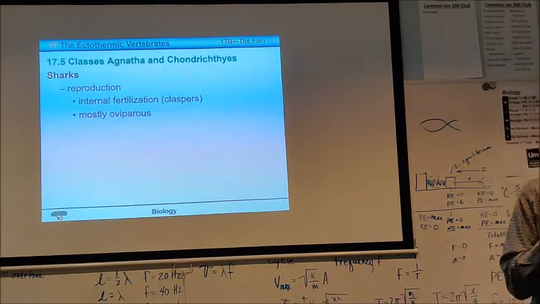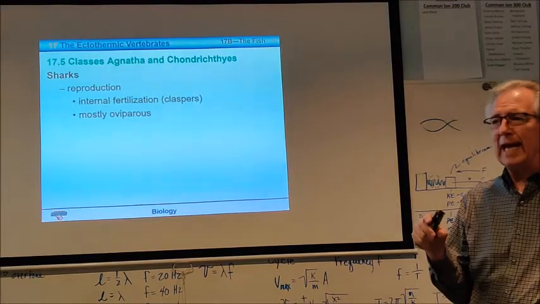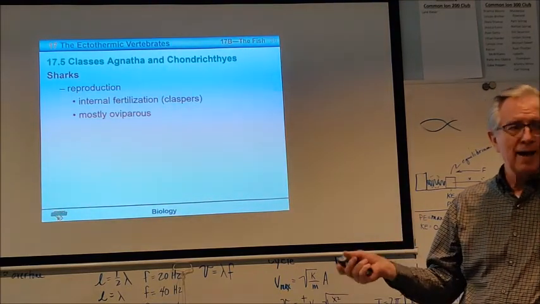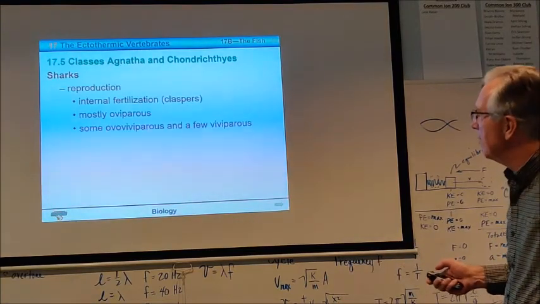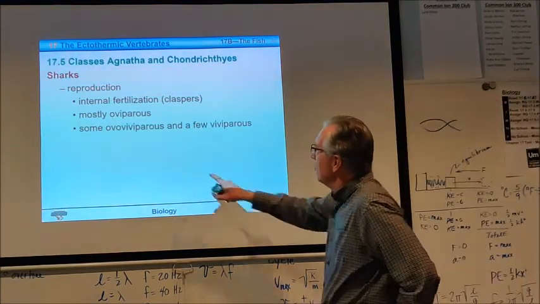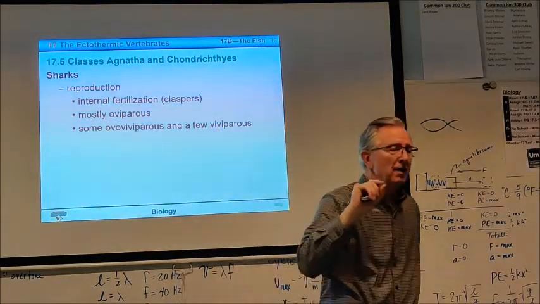So what did oviparous mean again? They lay eggs. So in other words, most sharks will actually lay eggs, and then they will hatch outside of the shark.